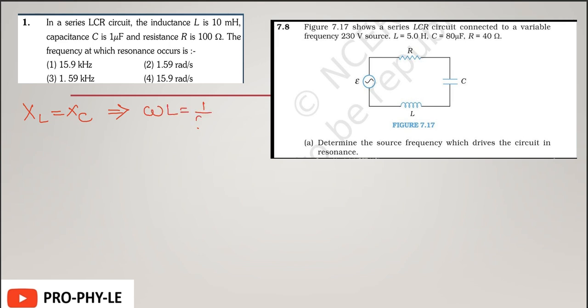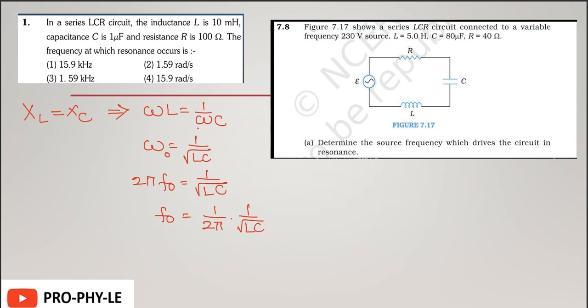Omega L is equal to 1 by omega C, or omega is equal to 1 by root LC, or 2 pi f naught is equal to 1 by root LC, or f naught will be equal to 1 by 2 pi into 1 by square root of LC.